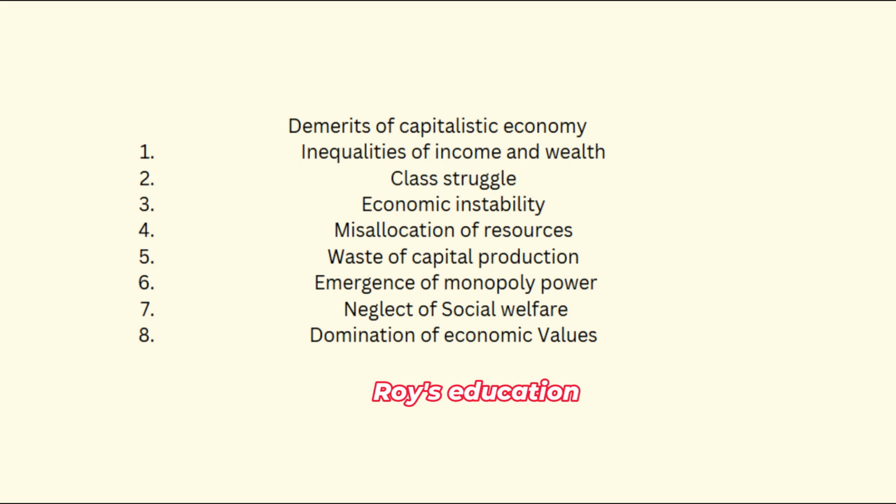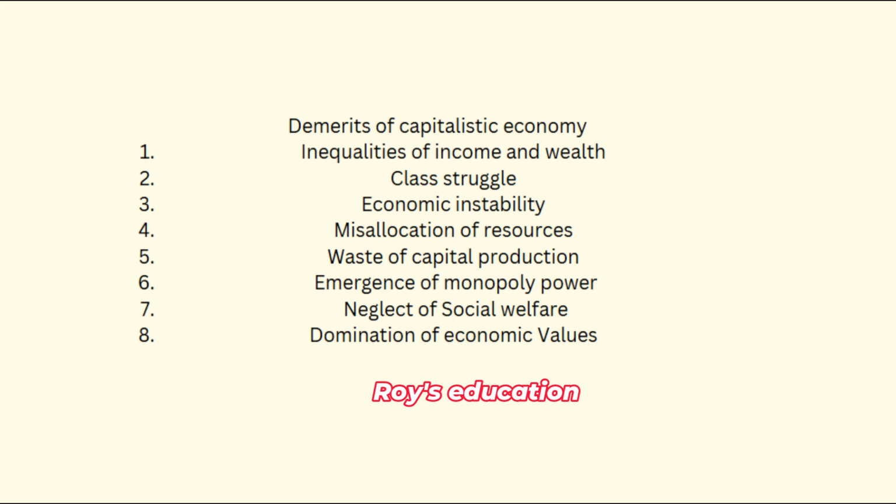Next, we discuss the demerits of the capitalist economy. First is inequalities of income and wealth. It has led to large disparities in the distribution of income and wealth. In a capitalist economy, one could witness affluence along with acute poverty, multi-story buildings along with slums, and extravagant luxuries along with hunger.